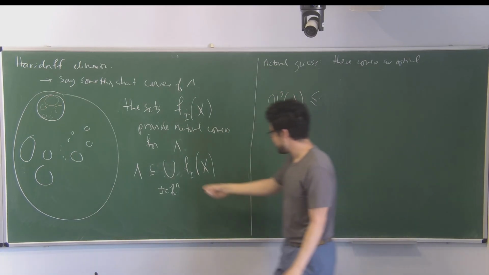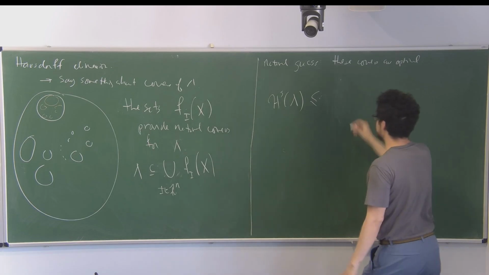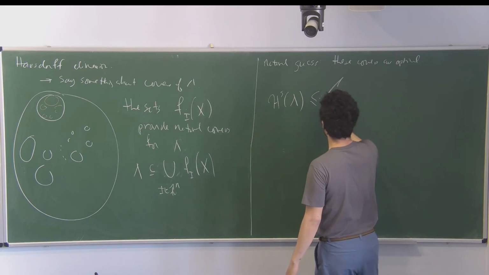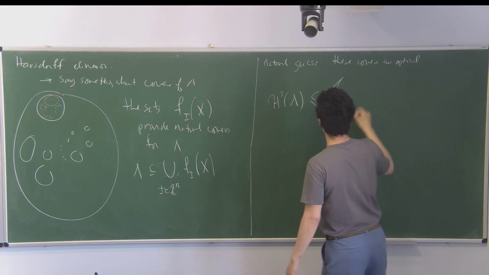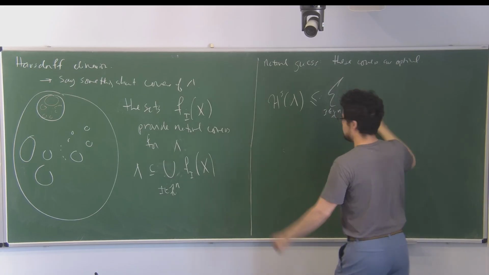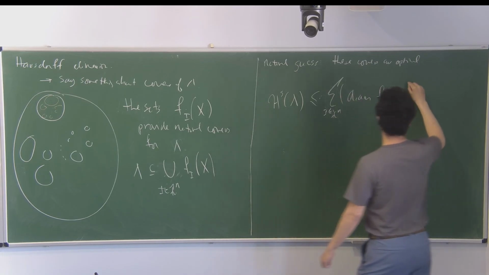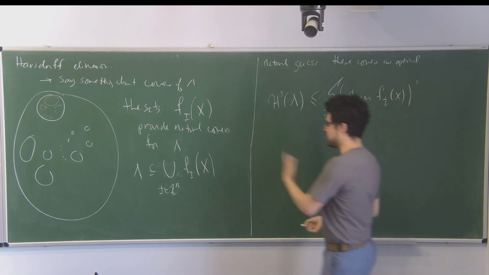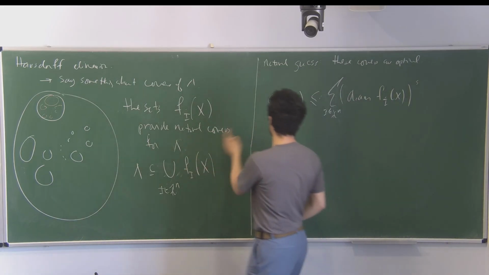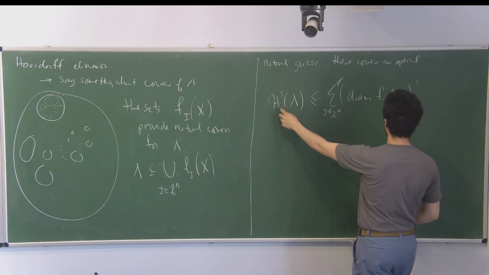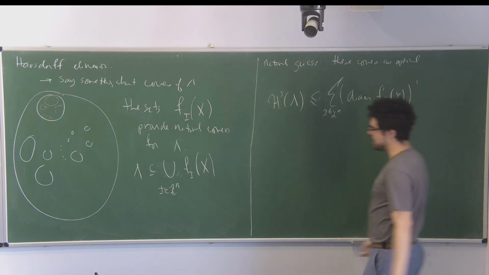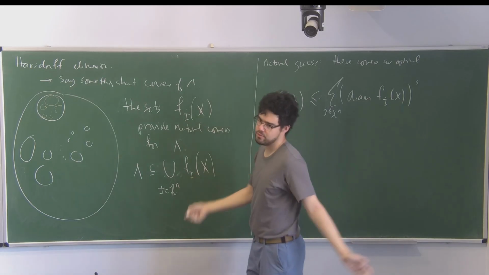In particular, we can take these as covers, so it is bounded above by the sum over I in I_n of the diameter of f_I of X, raised to the power s. Because we're contracting, there's an implicit delta inside here which we're taking a limit of, but if you make n sufficiently large, all of these things will have diameter at most delta, so don't worry about it.